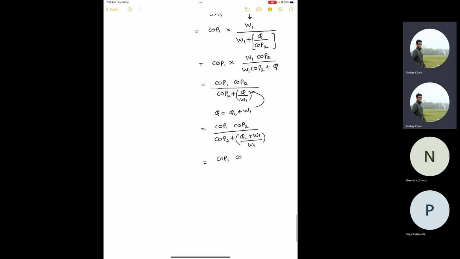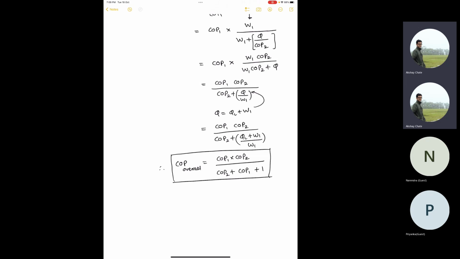This will be COP1 COP2 divided by COP2 plus QL by W1, which is again COP1, plus W1 by W1, which is 1. So this is the formula for COP overall. You may not need to mug up, but you should know it, because we did it for heat engines in series, so we should know it for refrigerators in series.